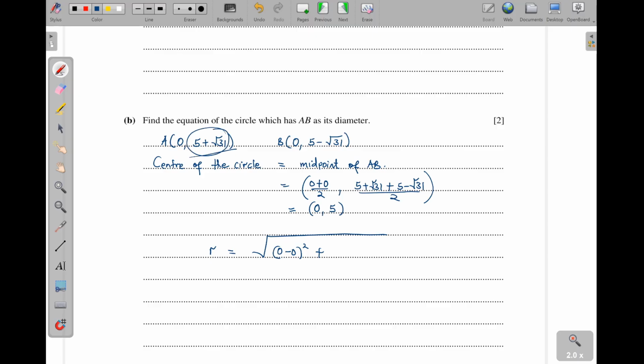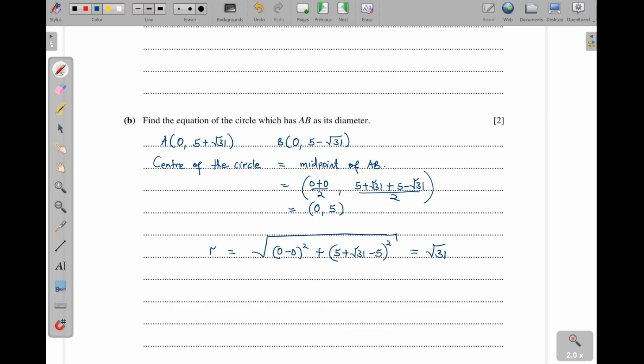So this one minus this one, we shall have 5 plus root of 31, minus 5, then we square this. Of course, the x part is going to disappear, and the square takes away the inner square root. That means inside we are left with 31 only, under the square root. So the final answer here is root of 31.